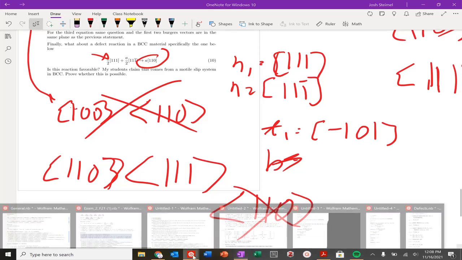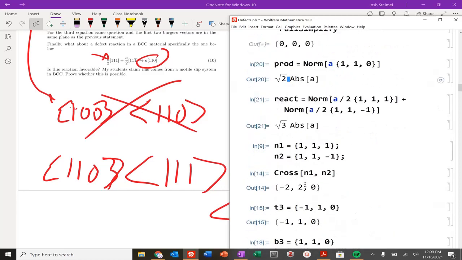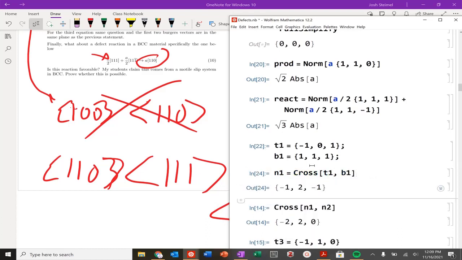So if I write my B1, which I know is 1, 1, 1, my T1 could be minus 1, 0, 1. And then my N1 equals cross of T1, B1. So that could be a normal to the plane.